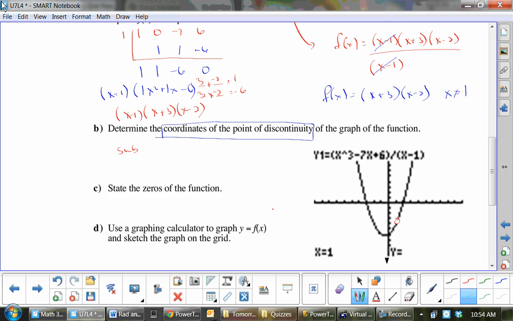Substitute x equals 1 into x plus 3 times x minus 2. So 1 plus 3 times 1 minus 2 is 4 times negative 1, which equals negative 4. So the actual point is 1, negative 4.